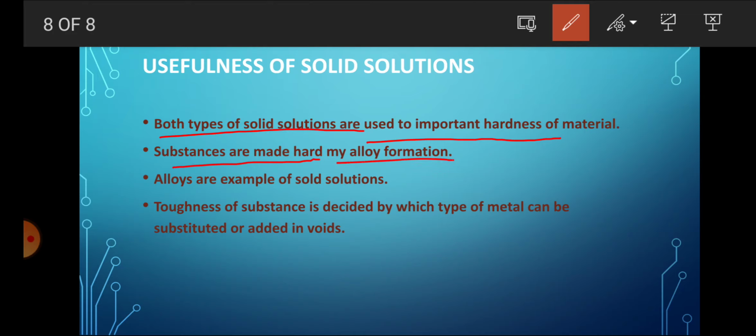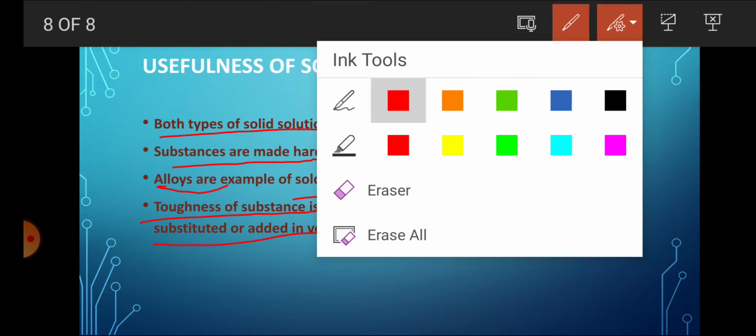When two metals combine, either as substitutional type or interstitial type, they help in the formation of alloys, which are good examples of solid solutions. The toughness of the substances is decided by which type we are doing, substitutional or interstitial. Okay students, so that will help in deciding the toughness of the alloy. Thank you very much for watching the video.